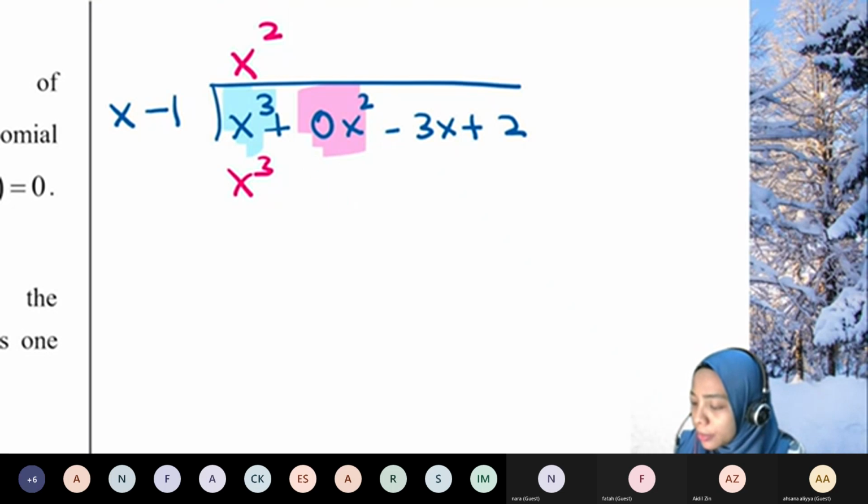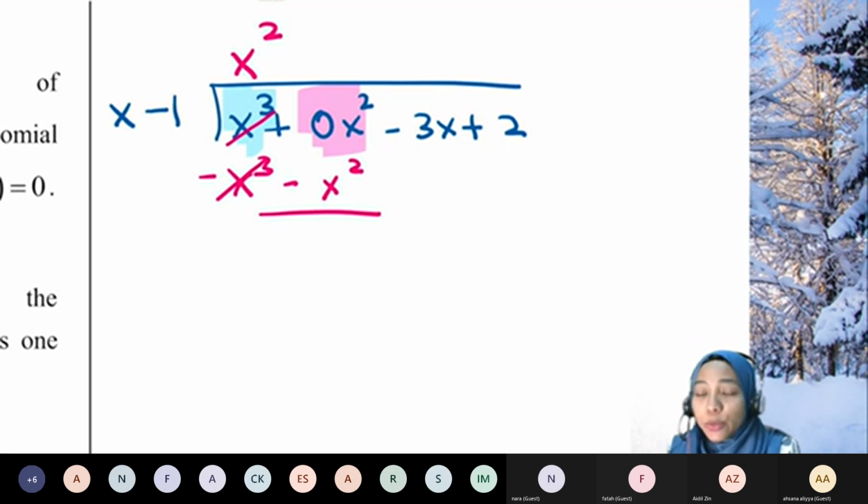Okay, sekejap. I nak padam. Negative X square. So you minus. Ini dengan ini cancel. So 0 ni plus dengan 1, you dapat apa? Negative X square, negatif, positif. Dapat X square, positif. So X square.